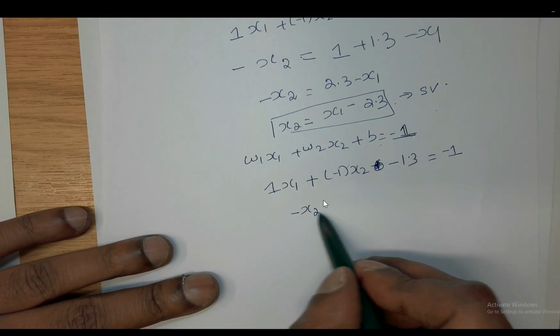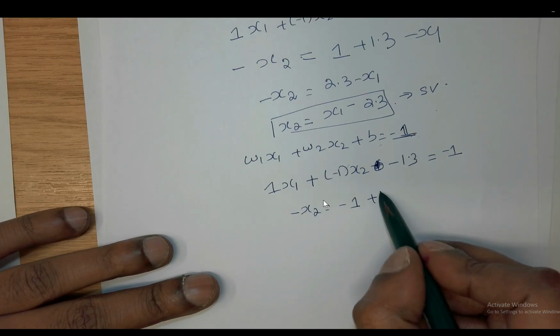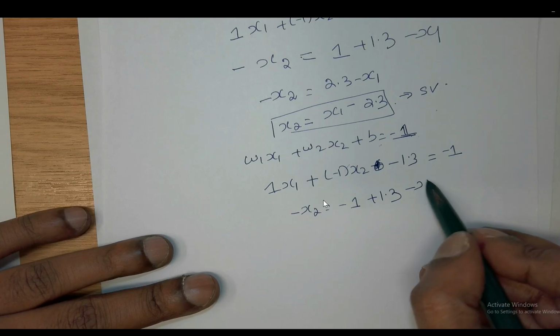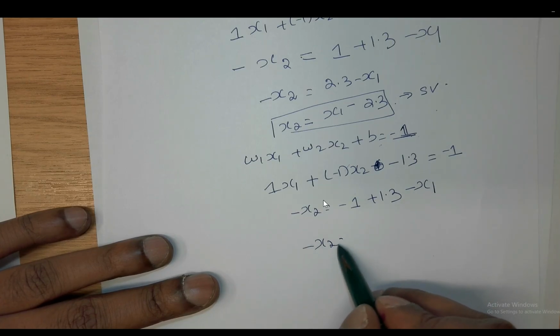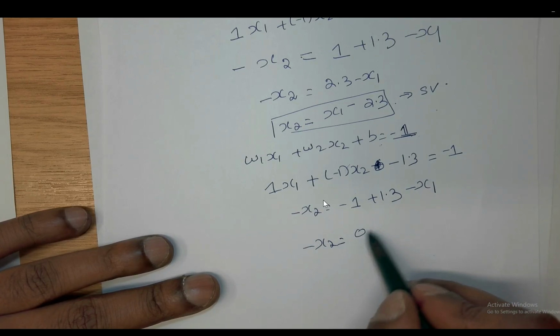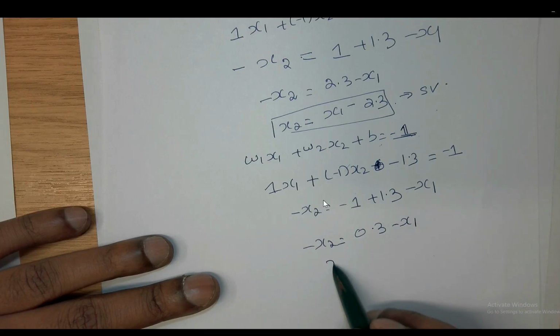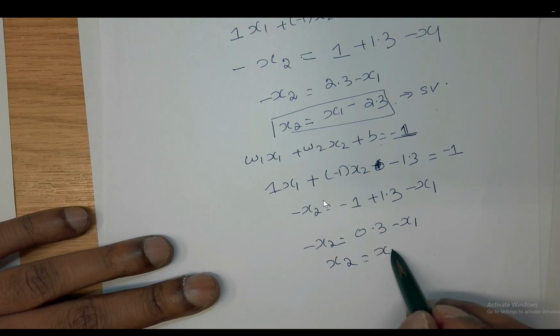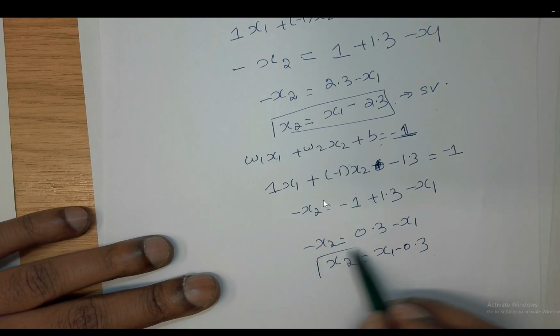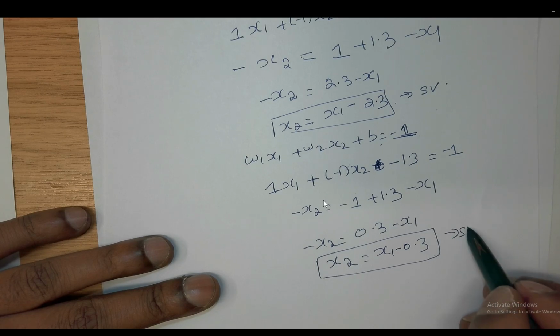So minus x2 will be equal to minus 1 plus 1.3 minus x1, so minus x2 will be equal to 0.3 minus x1, or x2 will be equal to x1 minus 0.3. So this will be another support vector.